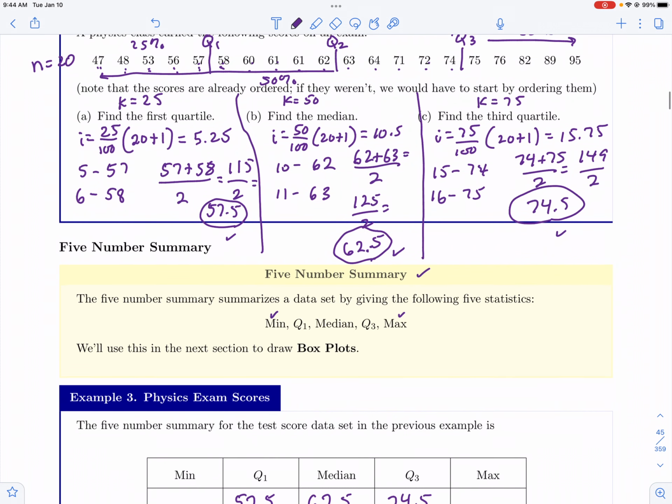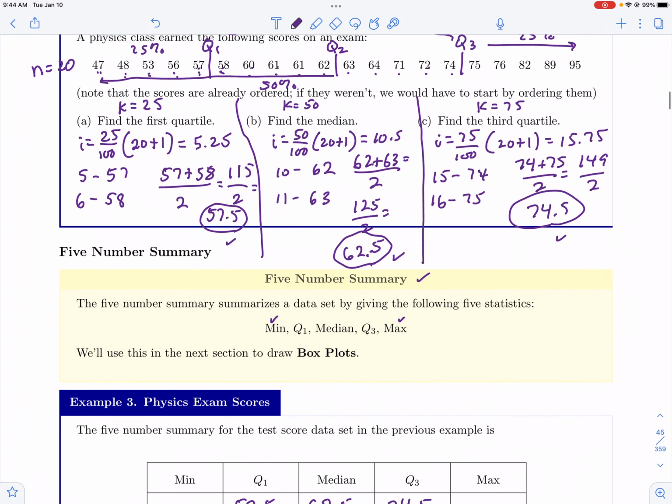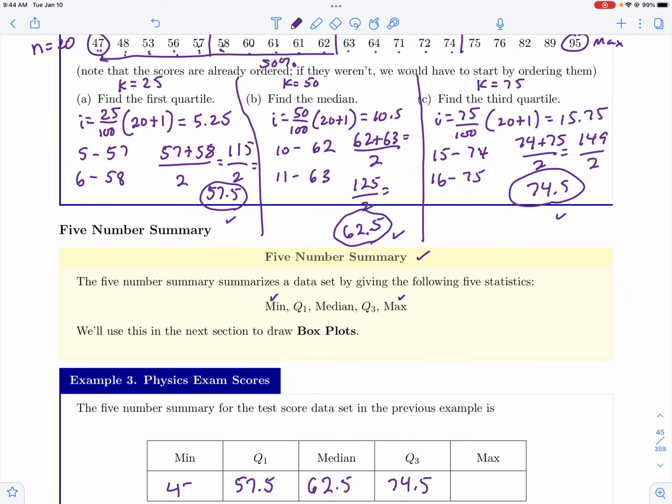The only thing that we haven't figured out yet is, of course, our min and our max. And since we have these in lowest order, the min is just going to be the number that's on the far left. The max is just going to be the number that's on the far right. So we can throw our 47 in for our min and our 95 in for our max, and we're done.